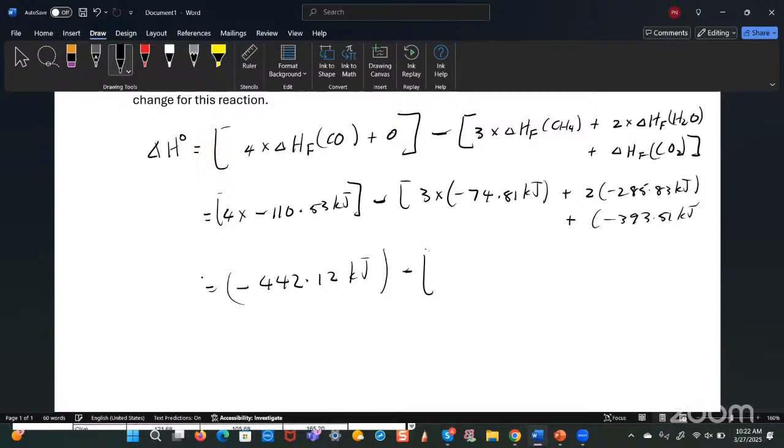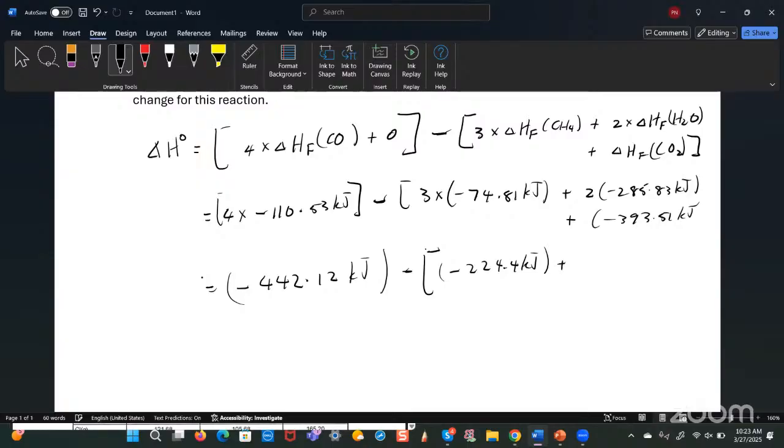For this one, minus 74.81 times 3, according to my calculation, gives minus 224.4 kilojoules.